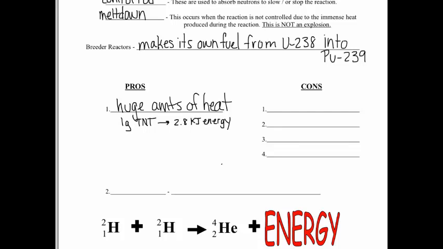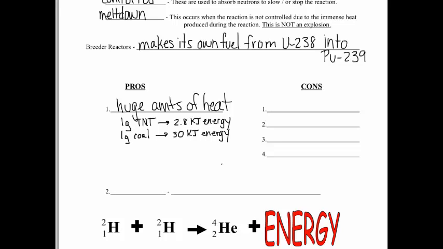If I had 1 gram of coal, and we have a coal burning plant nearby, and I burned it, it actually produces a little more than 10 times that. I know that may seem kind of crazy when TNT makes an explosion, but that's fast. If you've ever seen coal burn, it burns nice and slow and really hot. It actually produces per gram about 30 kilojoules of heat energy. So it's not bad. So for 1 gram, you're getting a lot out of that.